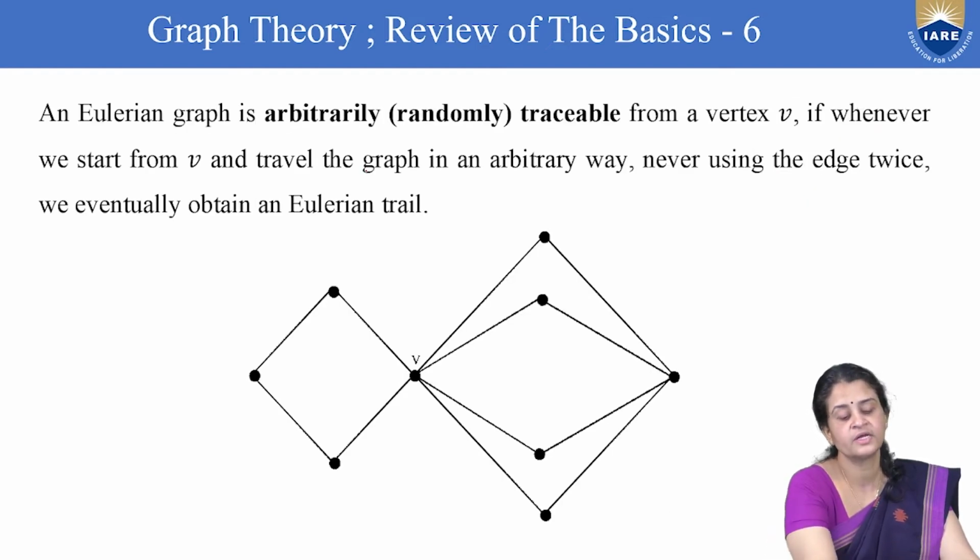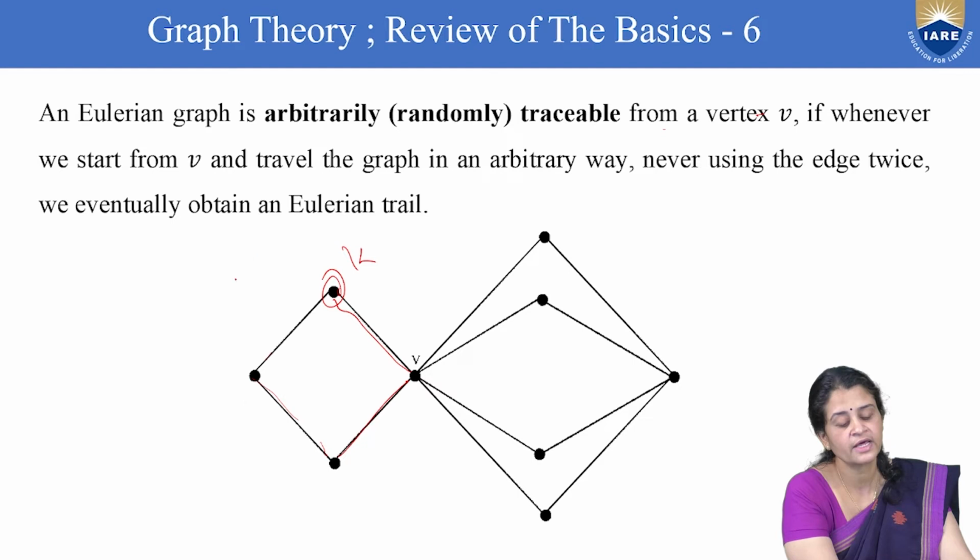So we have the arbitrarily traceable graph. An Eulerian graph is arbitrarily traceable from a vertex V if, whenever we start from V and travel the graph in an arbitrary way, never using an edge twice, we eventually obtain an Eulerian trail. Suppose I start from this vertex, let it be K. I can take these paths, but instead of going here, I can go back here also.